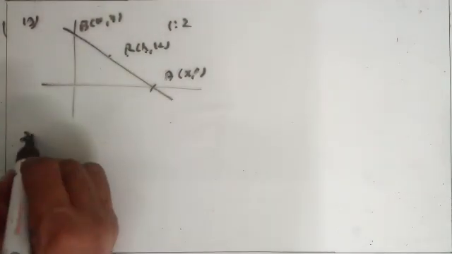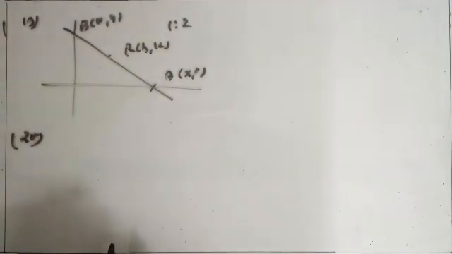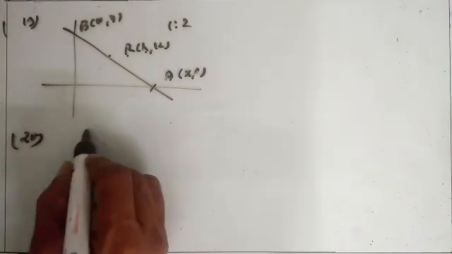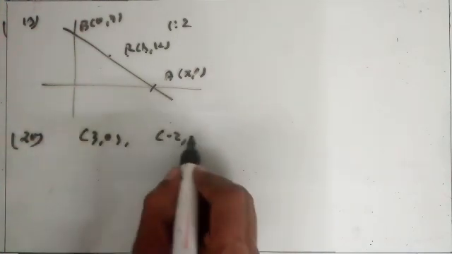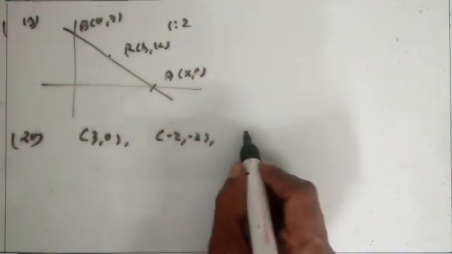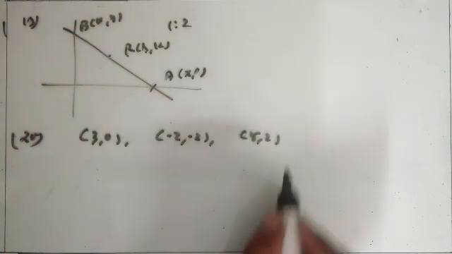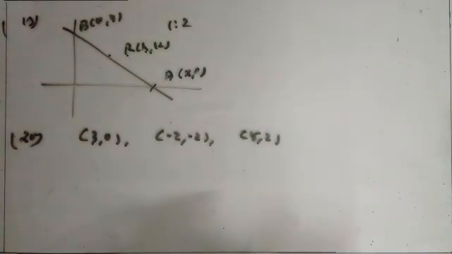Now question number 20. By using the concept of equation of line, prove that the points (3, 0), (-2, -2), and (8, 2) are collinear.